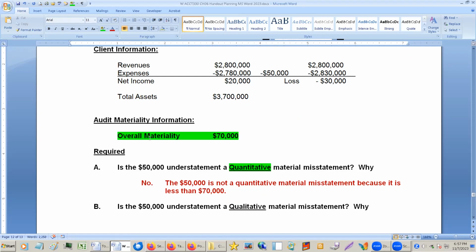Now, notice what's happened here. This $50,000 misstatement is not quantitatively material. But is it qualitatively material?